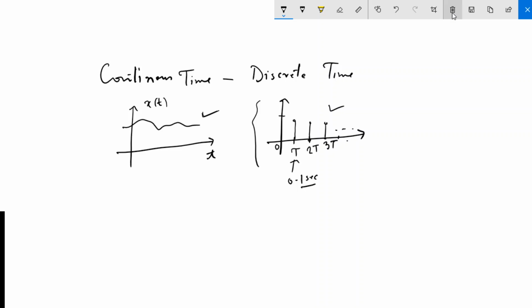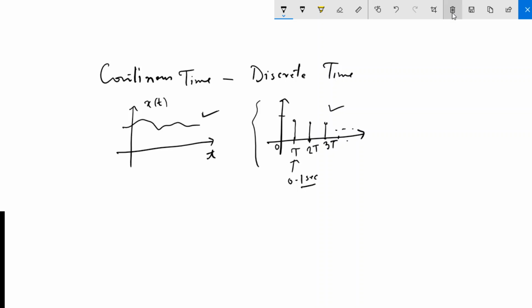When we use DSP, the very first step is to convert a continuous time signal into a discrete time signal before you can process it further using a discrete time system. So this classification is straightforward based on the time axis. If time is continuous, your signal is continuous time. If time is discretized, your signal is a discrete time signal.